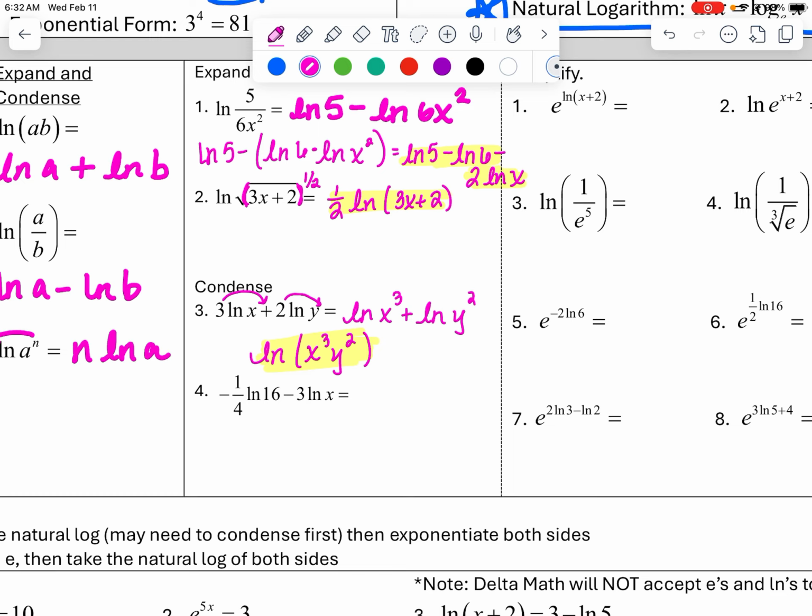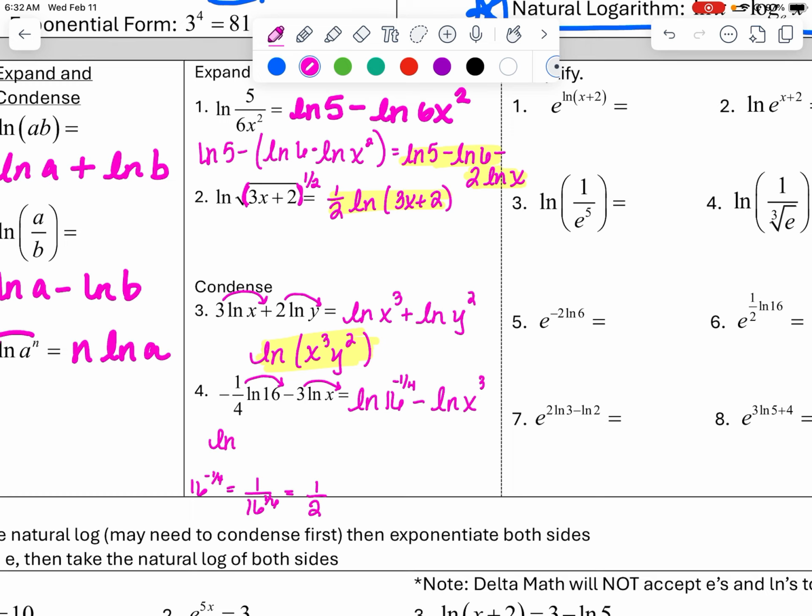Same thing on number 4. We take our number out front and it becomes a power. So we have natural log of 16 to the negative 1/4 power minus natural log of x to the 3rd power. We can simplify 16 to the negative 1/4 power, which is 1 over 16 to the 1/4, the 4th root of 16 on the bottom, so 1/2.